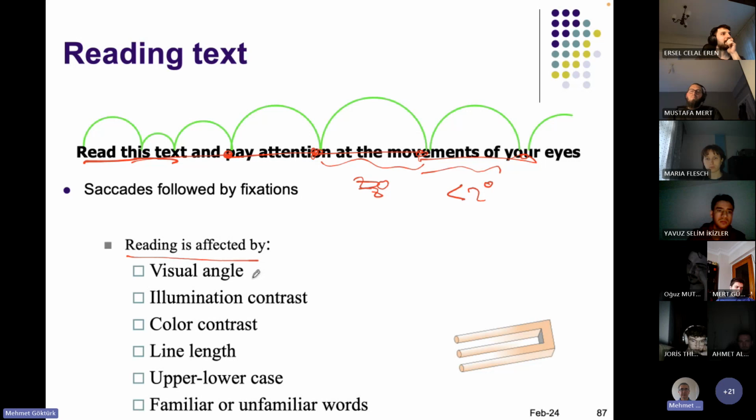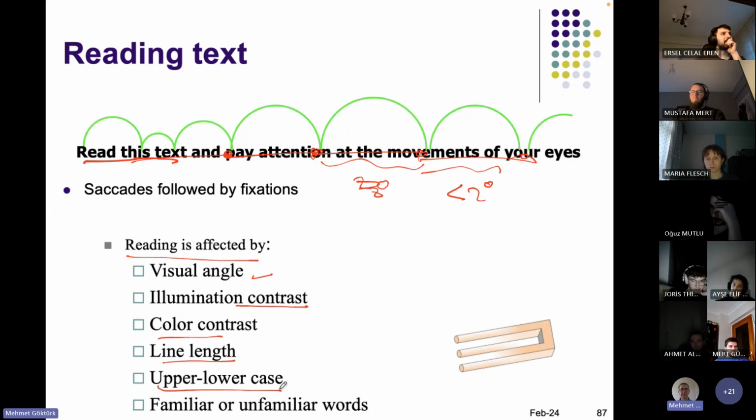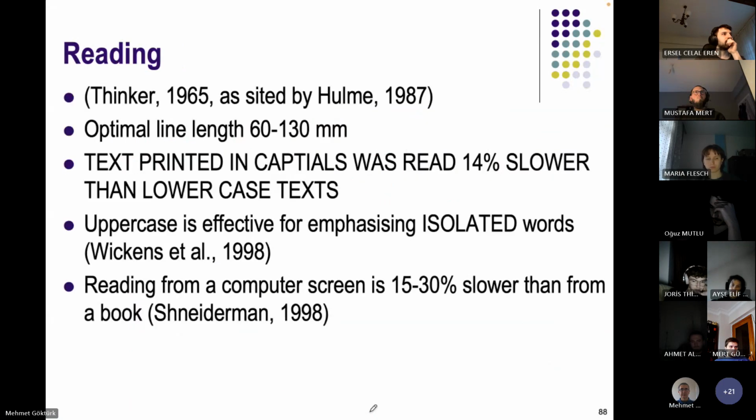Reading is affected by visual angle, illumination, color contrast, line length, upper and lower case, and familiarity with the language. Optimal line length is between 60 and 130 millimeters, which is 6 centimeters to 13 centimeters.